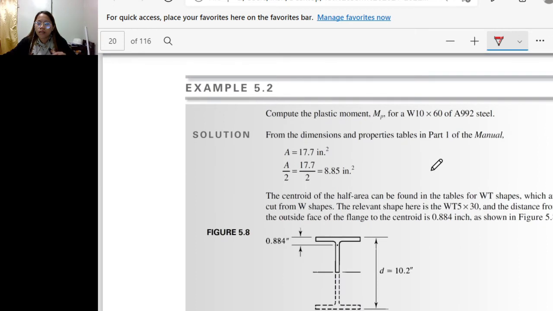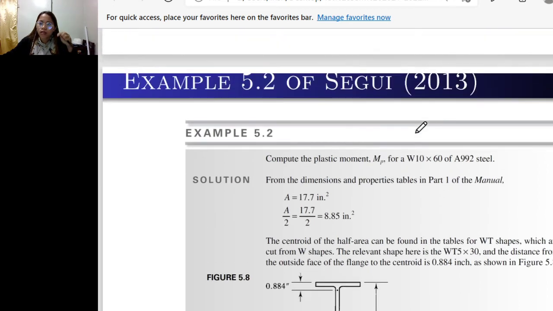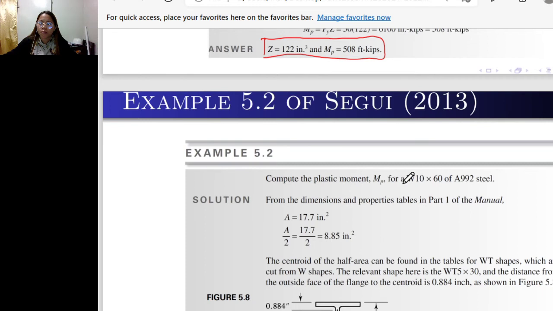For another example, compute the plastic moment M sub P for the shape W10 by 60 of A992 steel.